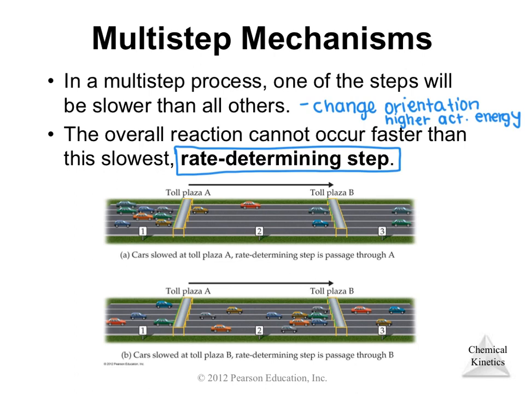You can try and get around them, but they are blocking the entire thing, which is so frustrating, but that means that you have to slow down. Reactions are the same way. If there's one reaction that wants to go really fast, but the other step is slow, it can't go any faster than that slow step. So that slow step acts like those slow cars and blocks this from happening.